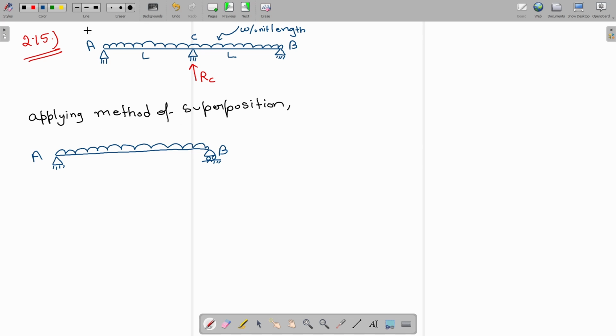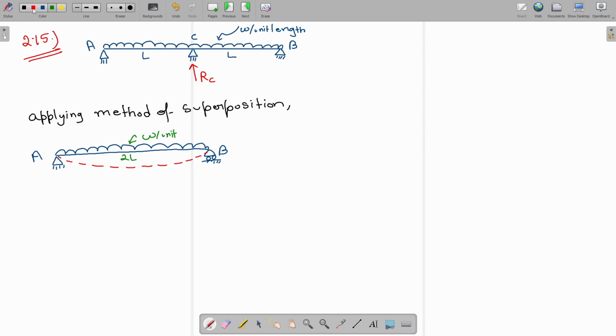Due to this load, the beam will have a tendency to deflect like this, a sagging deflection. The length is 2L, with W per unit length, UDL.